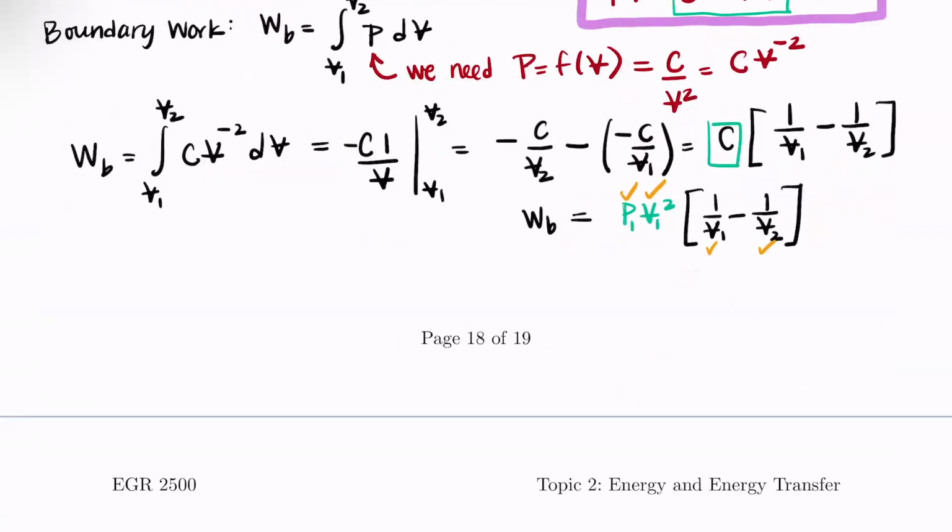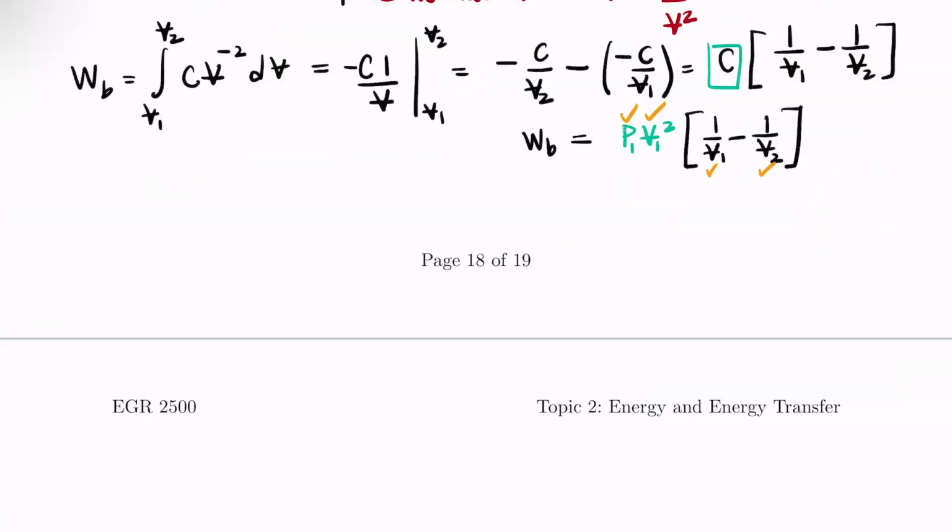I'm going to do that right here. So we have V1 is equal to mass times the specific volume at 1, which is 1.2 pounds of mass times 1.701 cubic feet per pound of mass, which is 2.041 cubic feet.